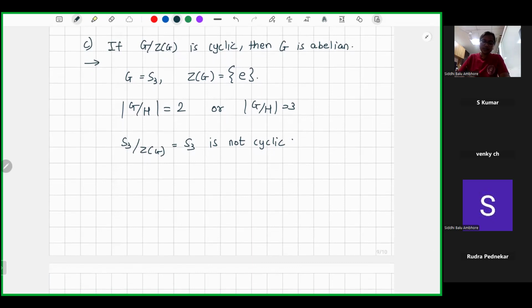Okay, so let me just say that this statement is actually true, and we'll try to prove this. So let us prove this, the proof. Let me write the statement again. If G mod ZG is cyclic, then G is abelian.